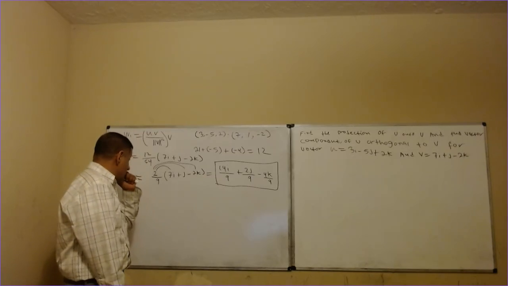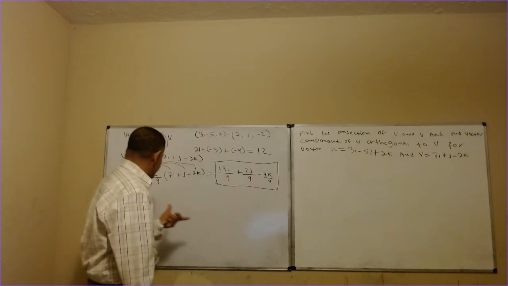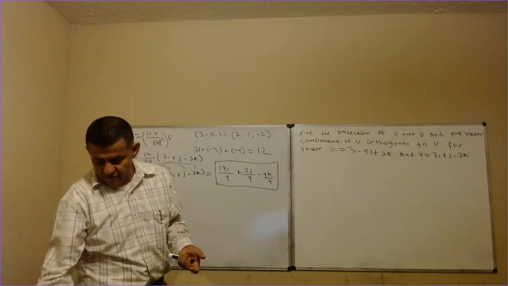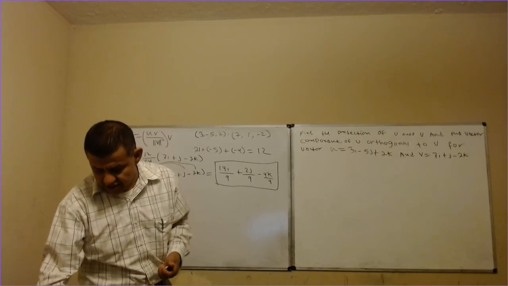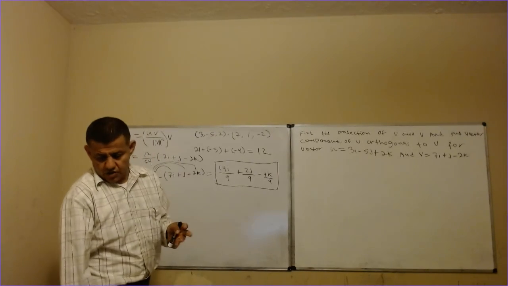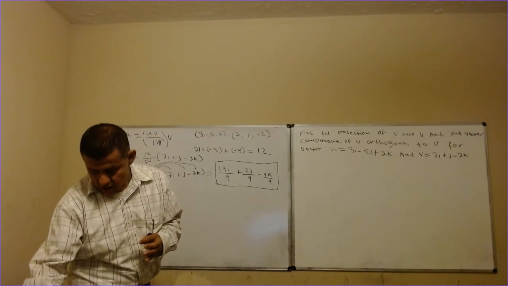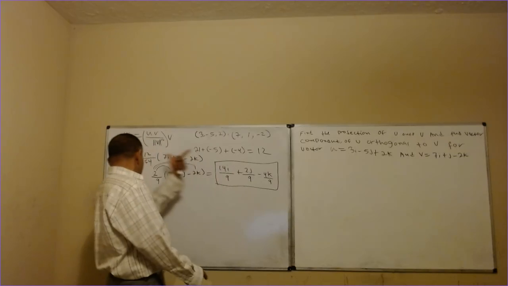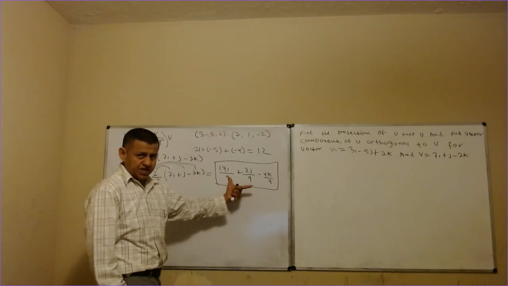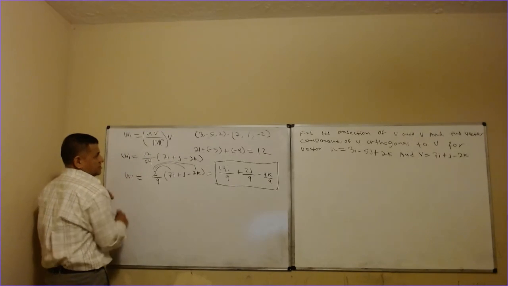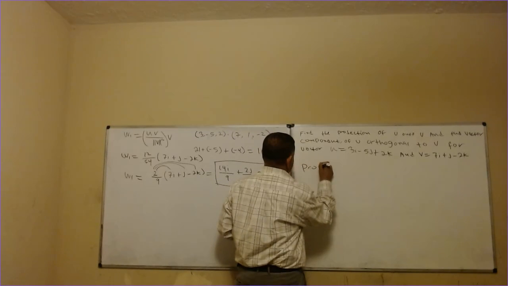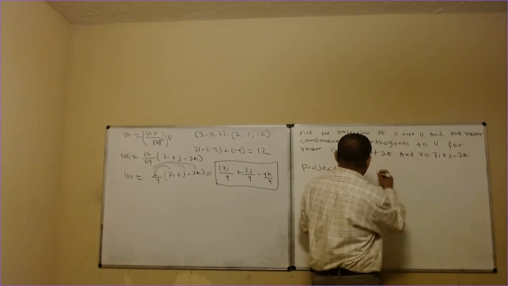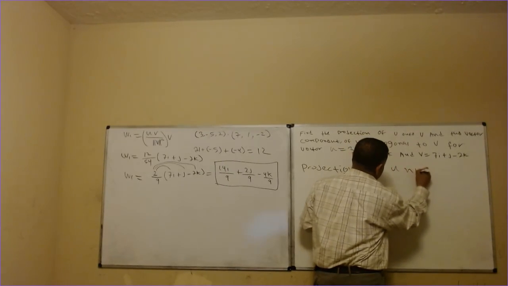So to find the orthogonal vector component, I need to subtract the projection from U. That was the projection of U onto V, but then I have to subtract the projection from the original U. So this is the projection of U onto V.